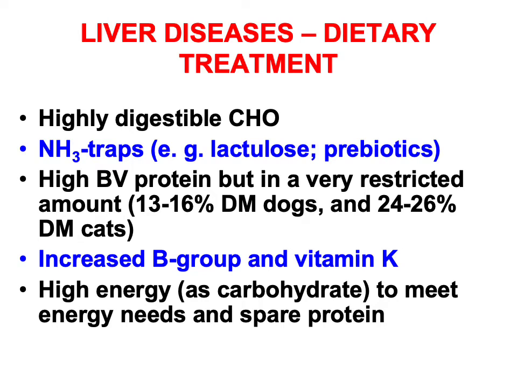Ammonia traps are substances and compounds which in the lumen of the intestine can bind the ammonia, and in this way prevent its absorption, and prevent its transformation in the liver into urea, which would be extra work for the liver and a direct toxin effect.